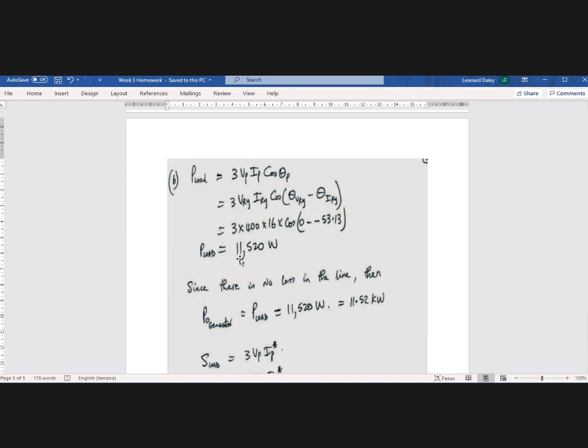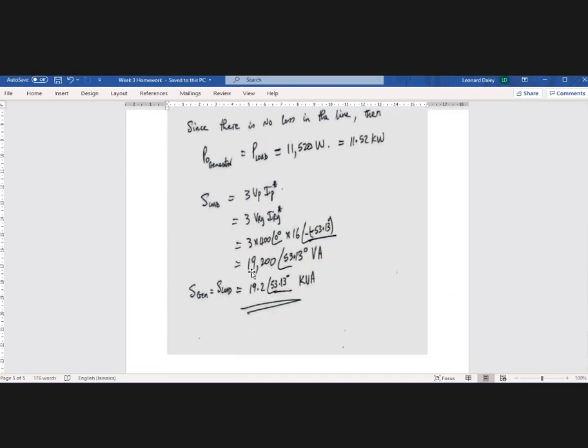So if you divide 11,520 by cos theta, cos of 53 is about 0.6, you will end up back with the 1920.